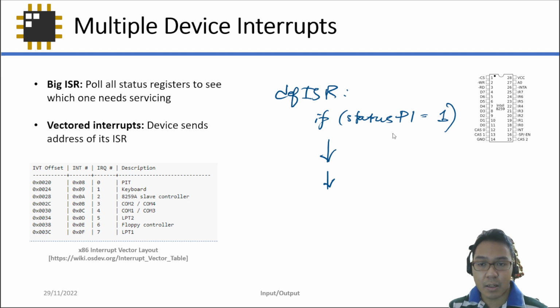We do that for every single peripheral until we find the one that actually needs the computer to be interacting with it.